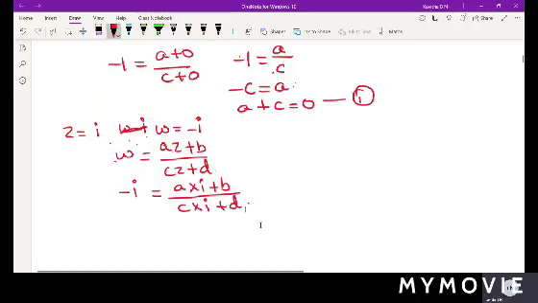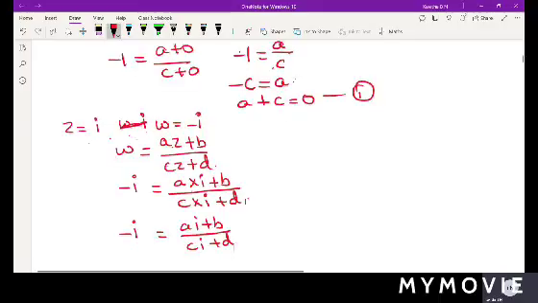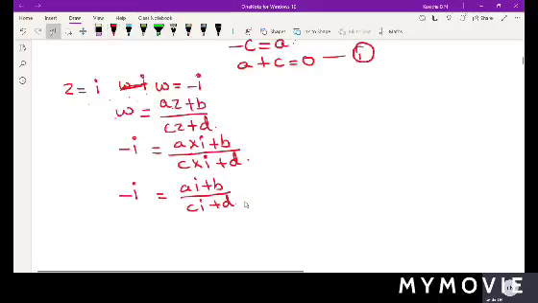Then minus i is equal to (ai plus b) divided by (ci plus d). Then minus i into (ci plus d) is equal to ai plus b.